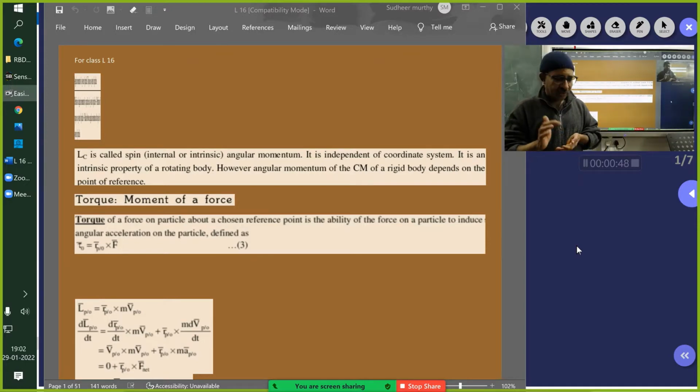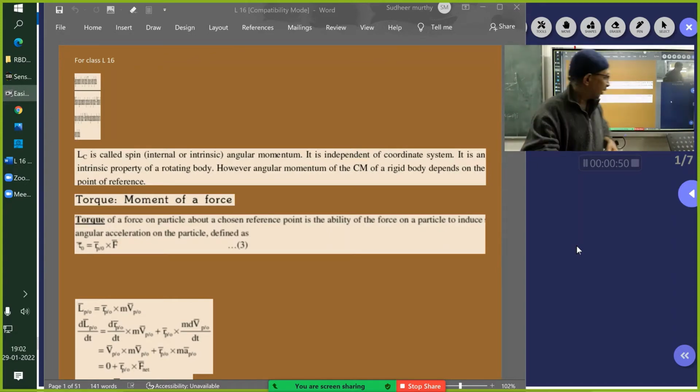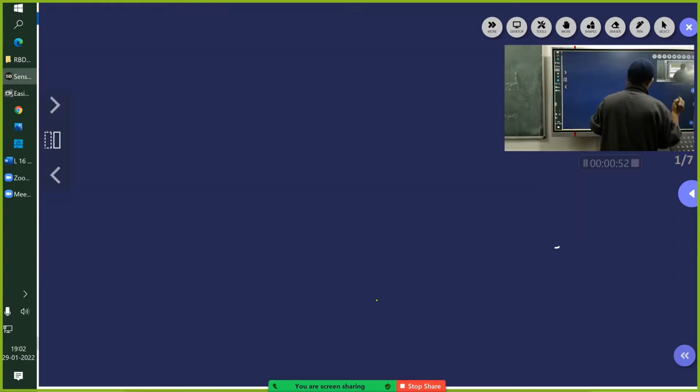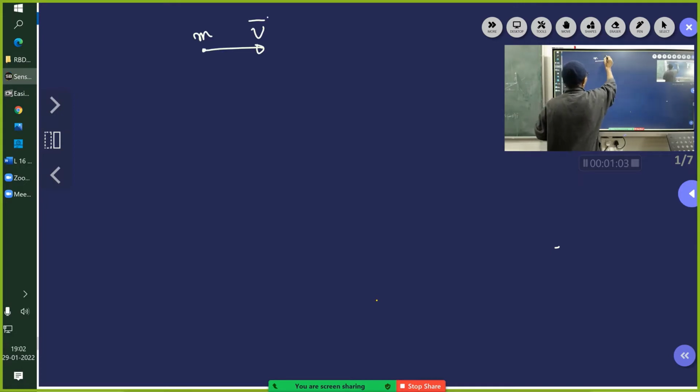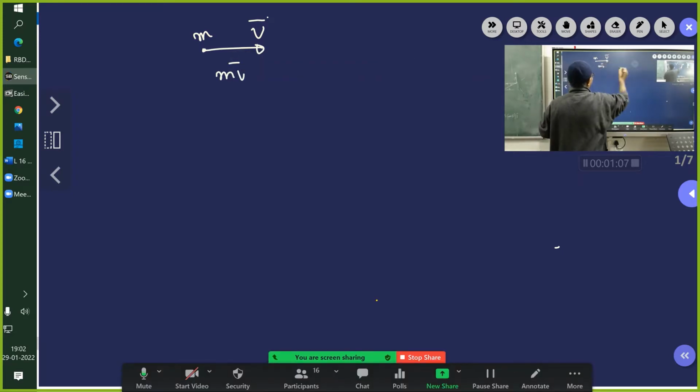Now we shall go one step ahead. The analysis for this is exactly the same. Yesterday we had a body of mass m moving with velocity v bar, so this was the vector m v bar.